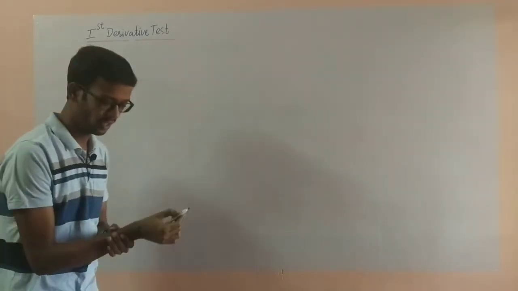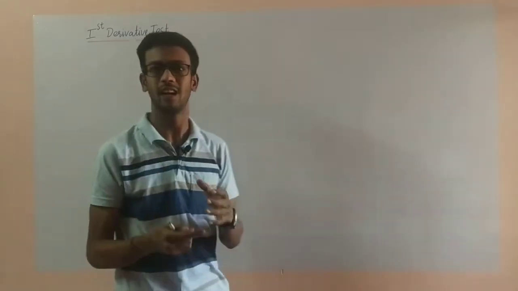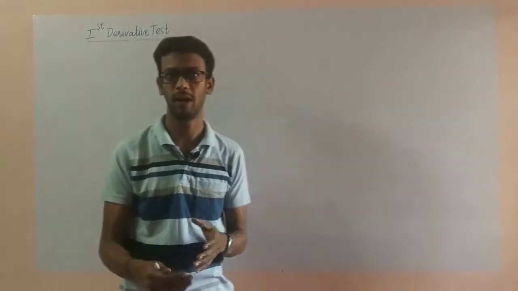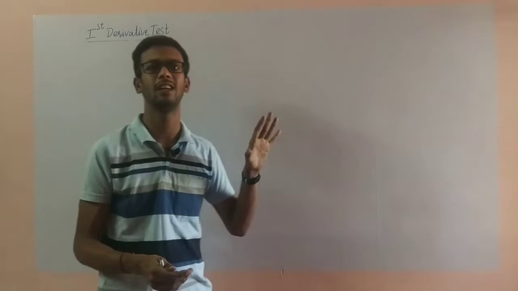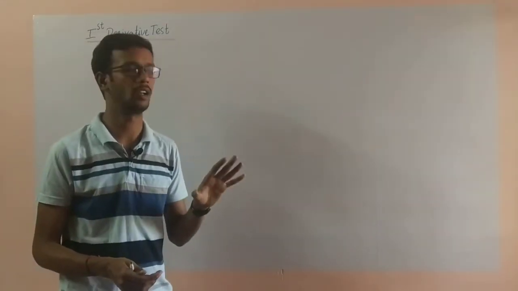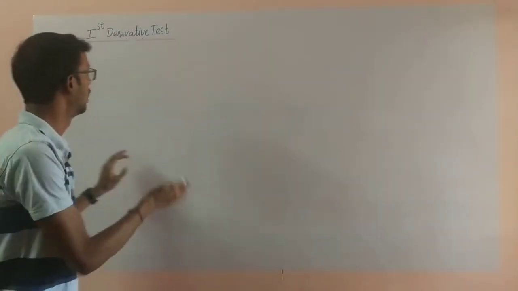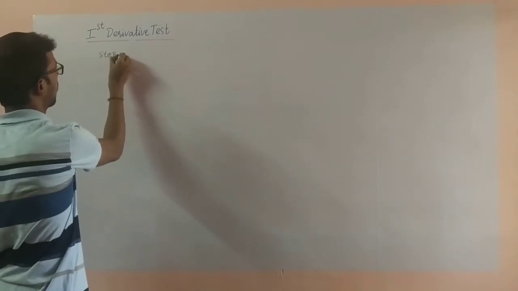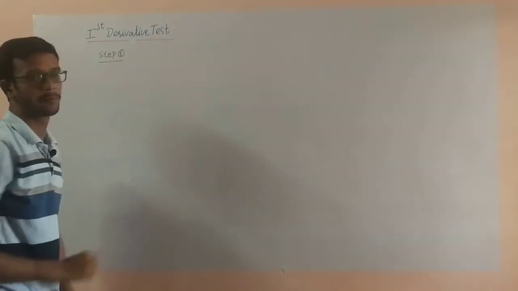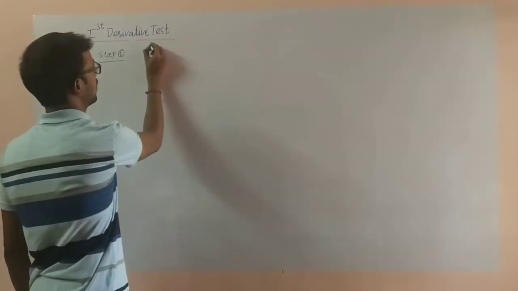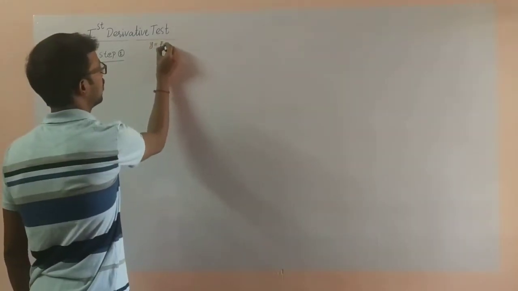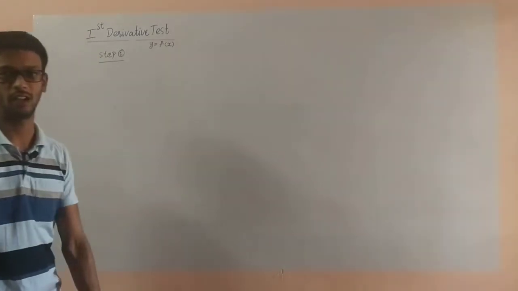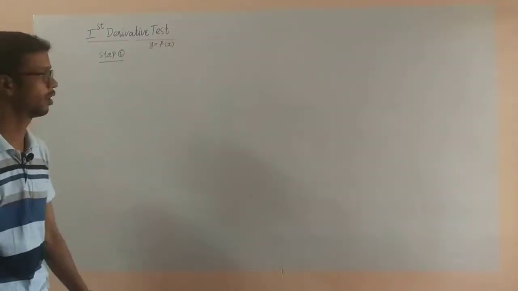What is the first derivative test? Theoretically it is in the textbook, but I'll explain directly step by step mathematically. It is easy to understand. So first of all, step 1. The given function is y is equal to f of x. One function they have given, or f of x is equal to the given function.